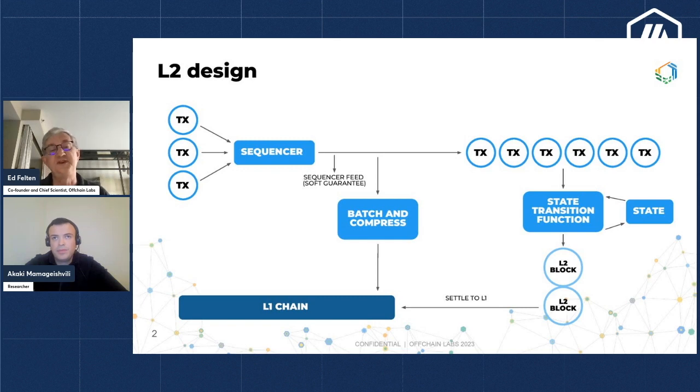So that sequencer feed is published by the sequencer as a feed. And then, once enough transactions have been sequenced, the batch poster will take those transactions and batch them and compress them and post them onto Ethereum so that they have finality. So the sequencer's job is to bring in transactions and then put out an ordered list of transactions.